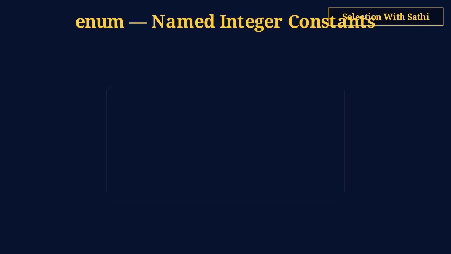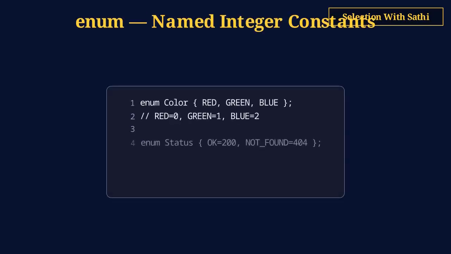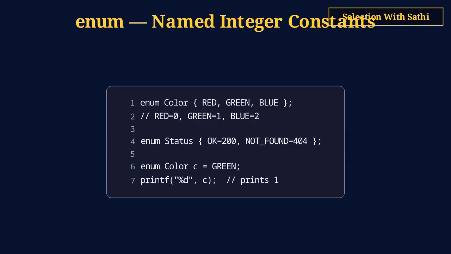Fourth concept: enums. Enum assigns integer constants to meaningful names, making code more readable. By default, the first value is 0 and each subsequent value is 1 more than the previous. You can explicitly set values: enum color red, green equals 5, blue.